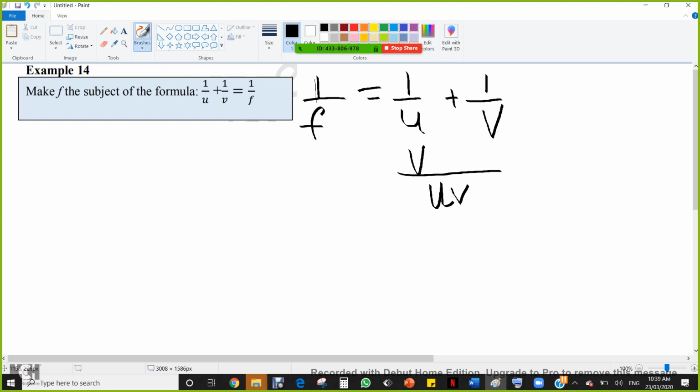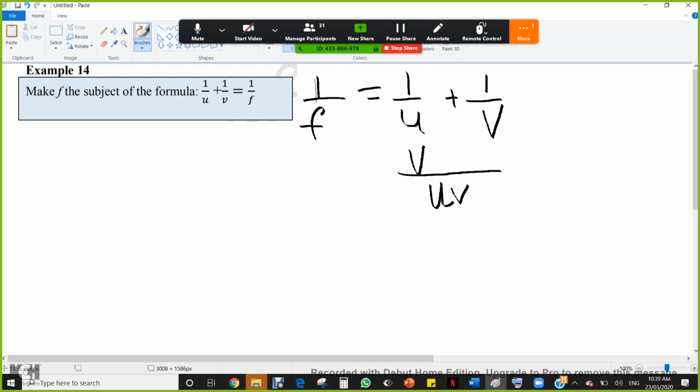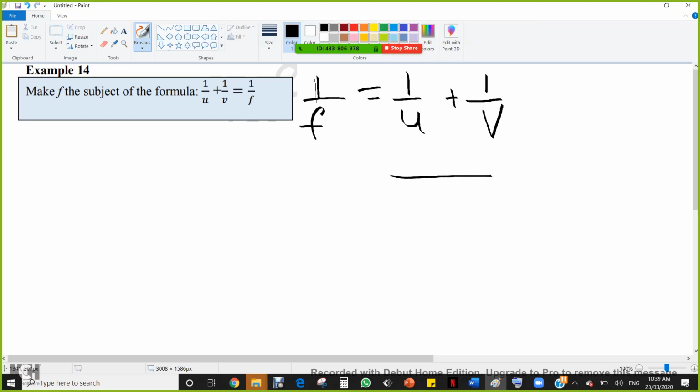Sure, no problem. So the LCM here is uv. U into uv, the u's cancel off, so you're left with v. And v by 1 will give us v. That's where the v is coming from. Okay? So let me just write it back properly now. So we get v plus u.